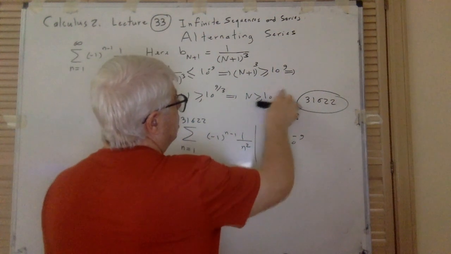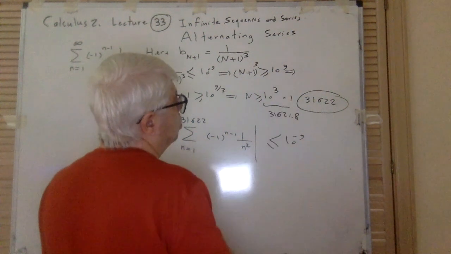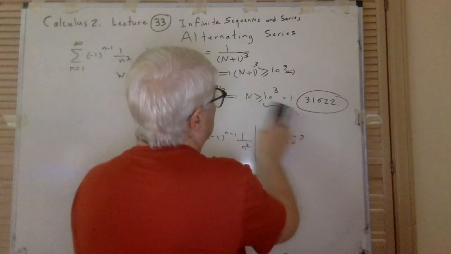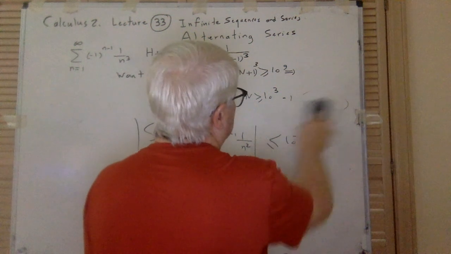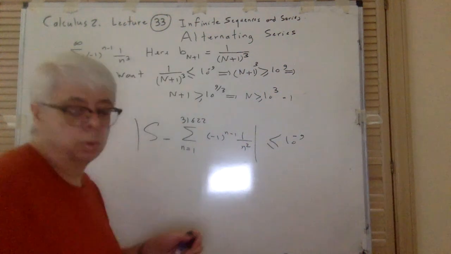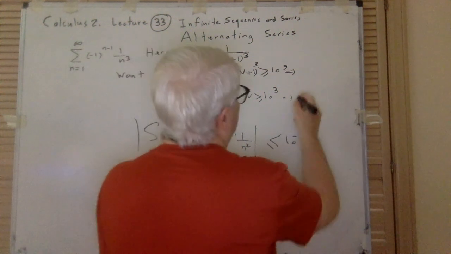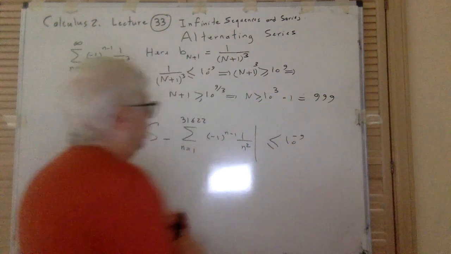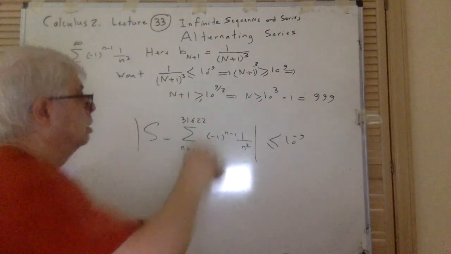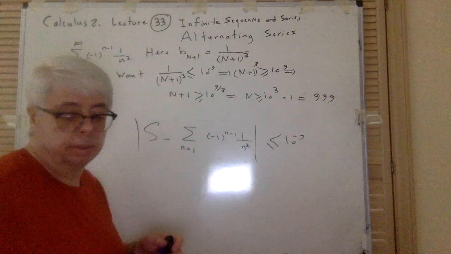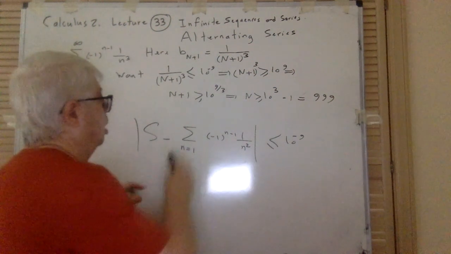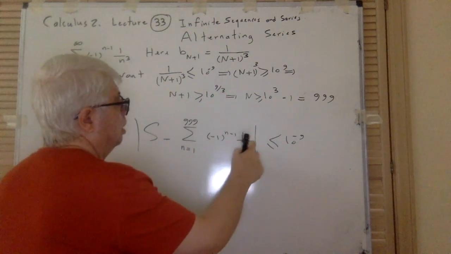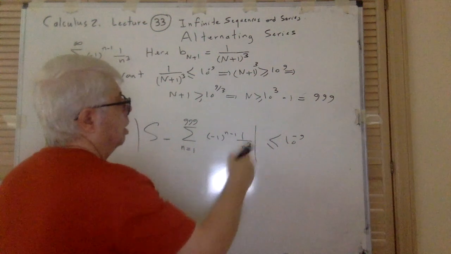So that is 3 minus 1, this one is exact. So this will be 1000, right? So that's 999. And this will be 999. And this is 3. That's it.